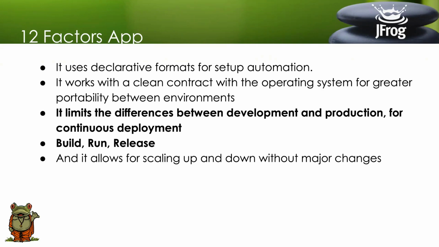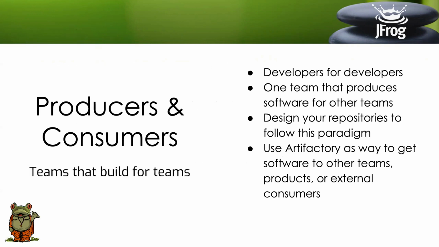One of the other things we're going to talk about in this example is how to utilize binary management, especially in terms of Artifactory, and using the repository structure to enable a producer-consumer model. Now, when I say producer-consumer, that could be a multitude of different things. Developers for developers, right?